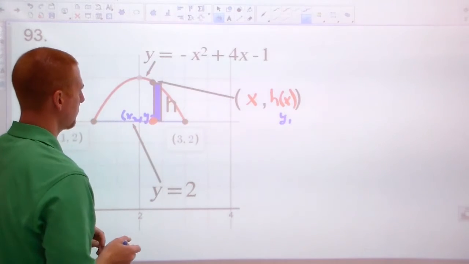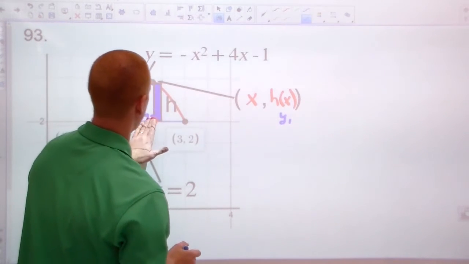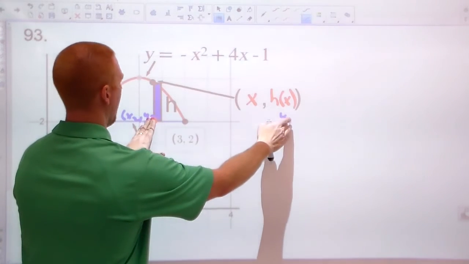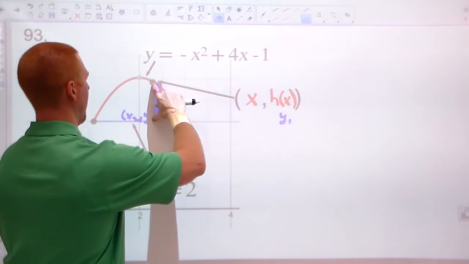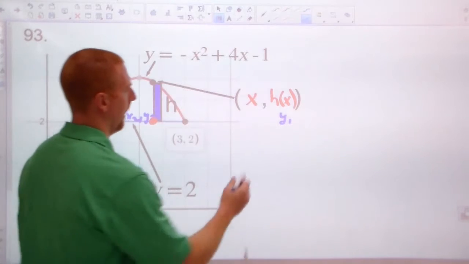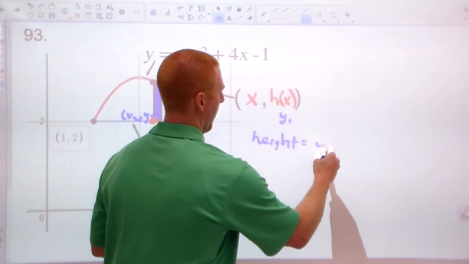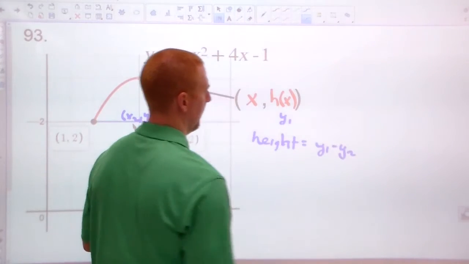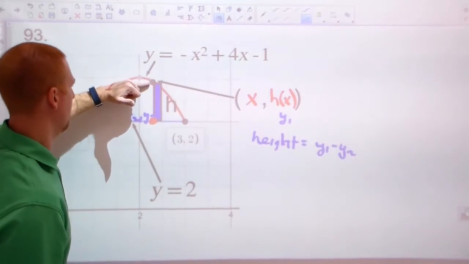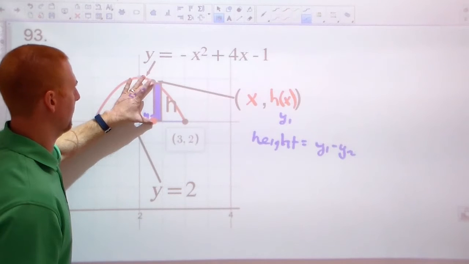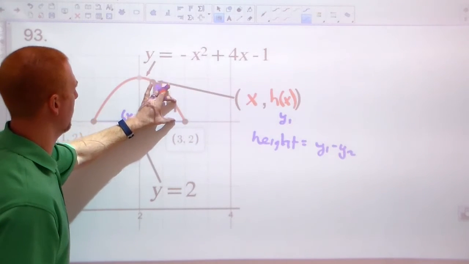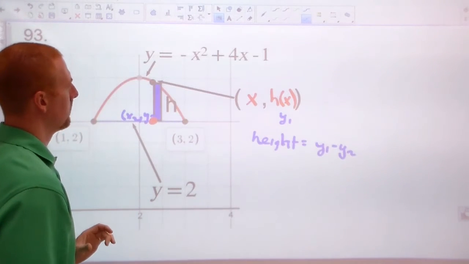It didn't come out real clear, but that's supposed to be y2. Well, if that's y1 and this is y2, I need to subtract those to figure out the height. So height would equal y1 minus y2 in this case. Whatever this y-coordinate is minus this y-coordinate, that's the height of the bar. That will change depending on where we are on the curve.